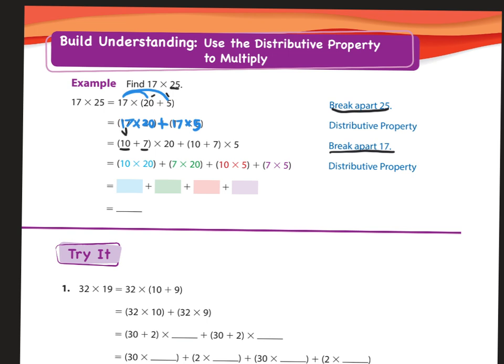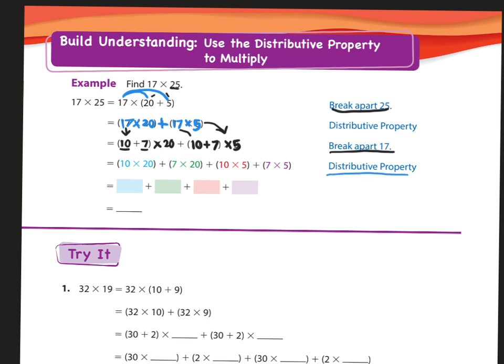So this 17 is being broken down into 10 and 7. And we're still going to multiply that answer by 20, just like we did on top. Here, again, they break down 17 into 10 plus 7. And they continue to multiply that by 5.